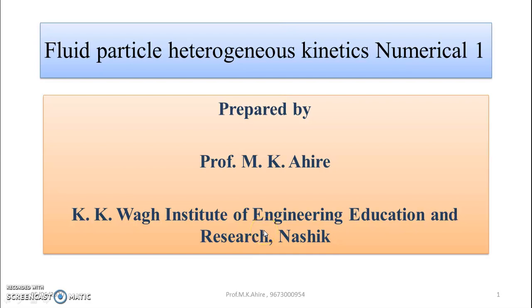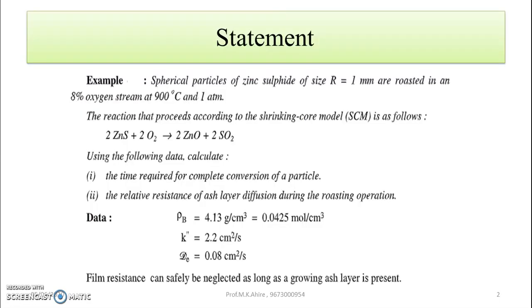Hello friends, let us discuss one numerical based on fluid particle heterogeneous kinetics. Now the problem statement. What is the problem? Spherical particles of zinc sulfide of radius 1 mm are roasted in an 8% oxygen stream at 900 degrees centigrade and 1 atmosphere.